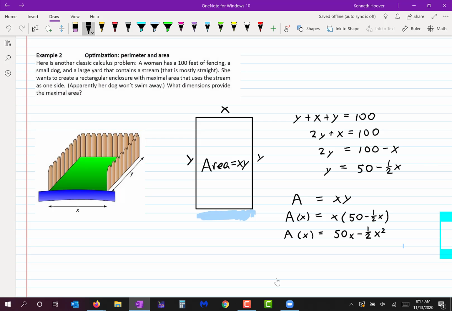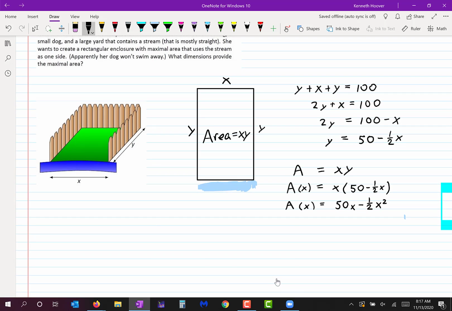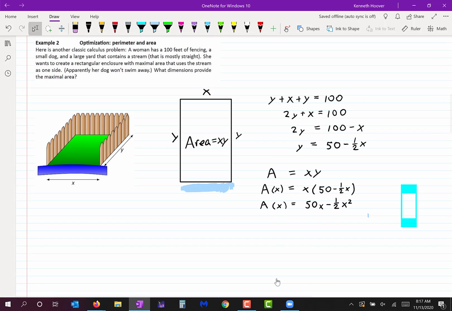We want to maximize the area, so we find a critical number or numbers. There might be more than one. Let's find out. We take the derivative. A prime equals 50 minus, what? X, right? We set that equal to 0.